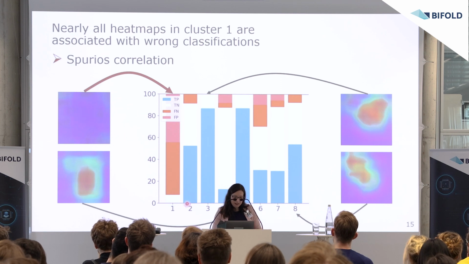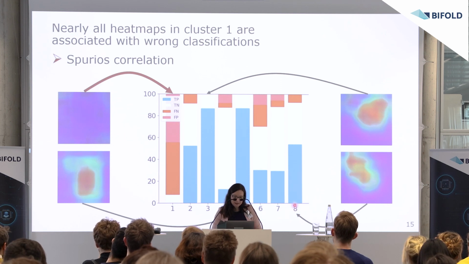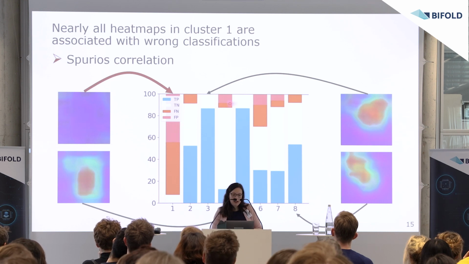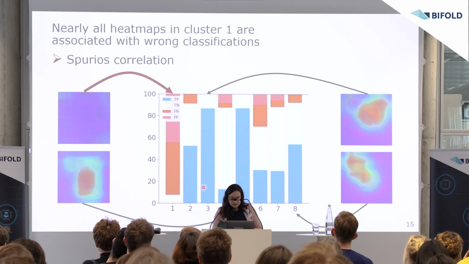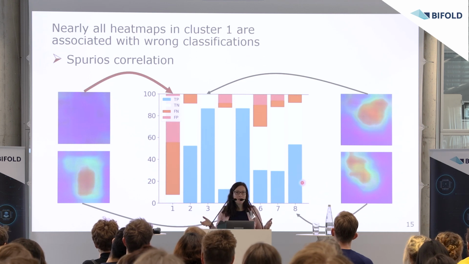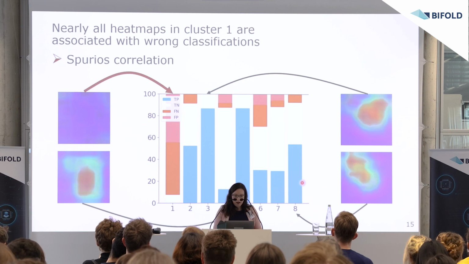So what you see here are the 8 cluster centers, and this is the fraction of the correct classification and the wrong classification. So wrong is in red, and correct is in blue. And clusters 3, 5, and 8 contain mainly correct classifications, but there's one cluster that contains mainly incorrect classifications.